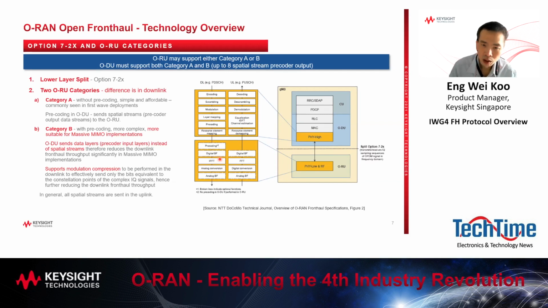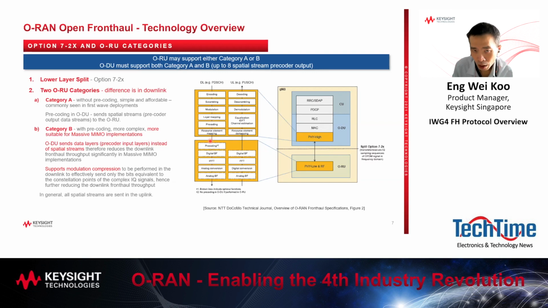So in this case, right, the ODU would just send the data layers, so the pre-coded input layers instead of the spatial streams. So you decrease the front hall throughput significantly, right? And then it supports the modulation compression as well, which further reduces the capacity requirements on the downlink. So the main difference here is really in terms of the downlink. Uplink is basically pretty much the same.